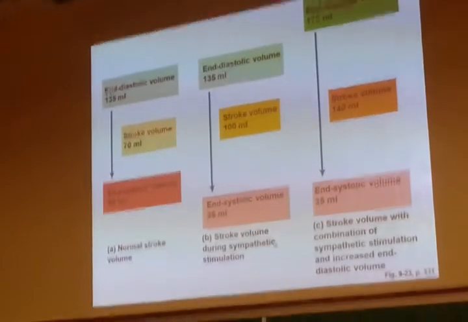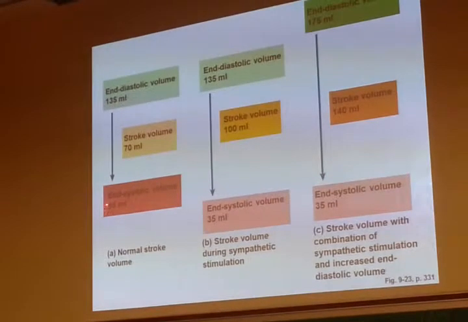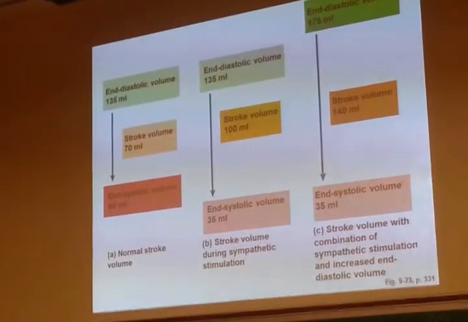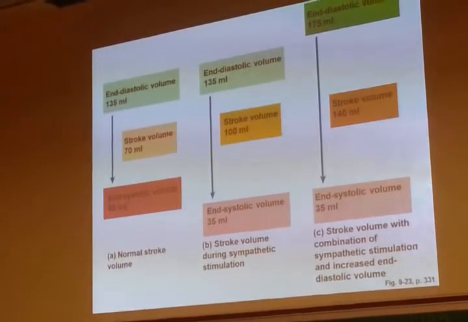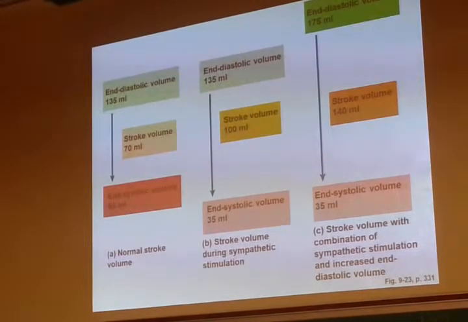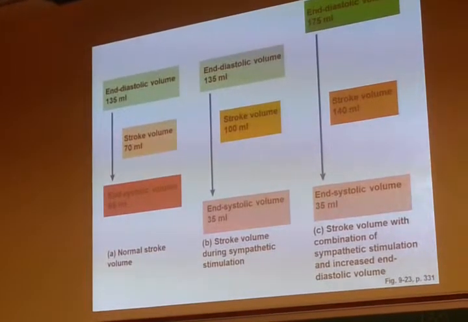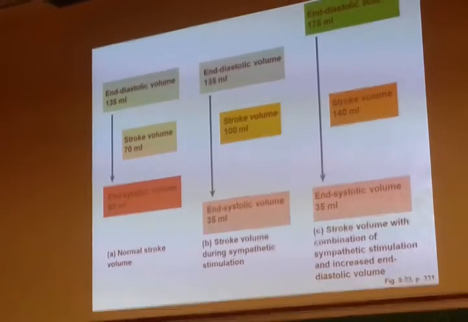This one. Okay. So normal resting end diastolic volume is 60. If we only increase venous return to the heart, so increase the end diastolic volume, with no sympathetic input at all, you have more blood in the heart, and the sarcomeres have a more optimal overlap to generate force of contraction.